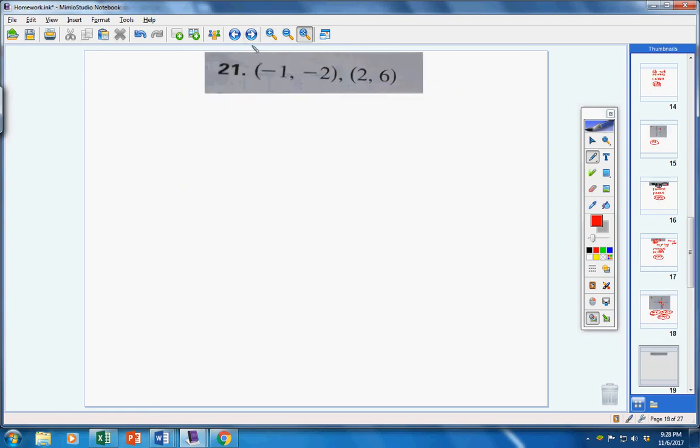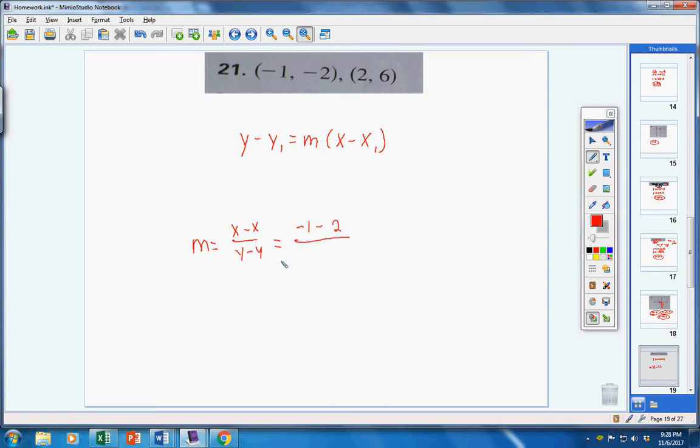Number 21. You're given 2 points. So, here's my formula. First of all, we have to find our slope. So, m equals y minus y over x minus x. My first x is negative 1 minus 2.